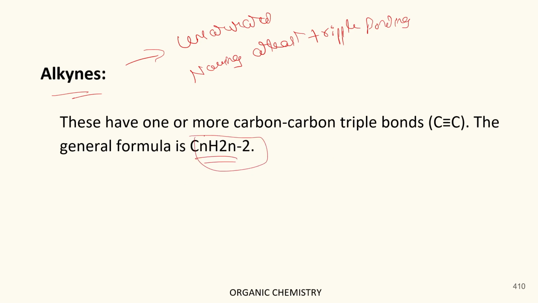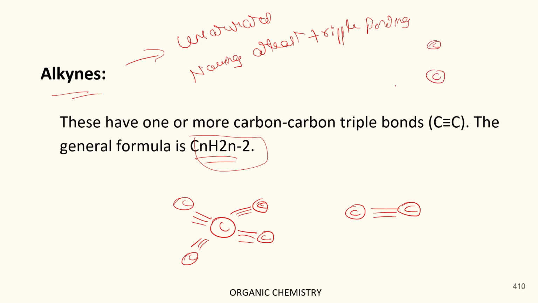You can note it down, and it can also be a straight chain like this, branch like this, and cyclic like this. Got it? So that is about the alkyne. All right.